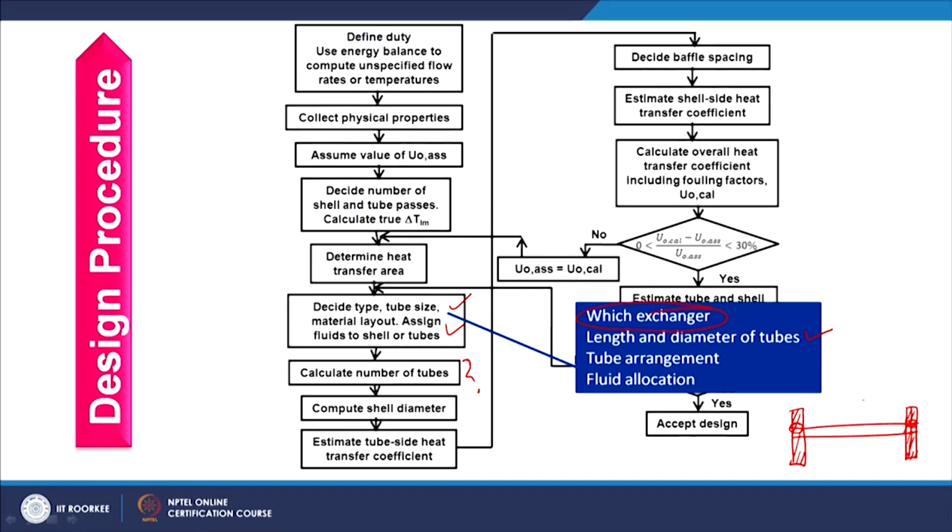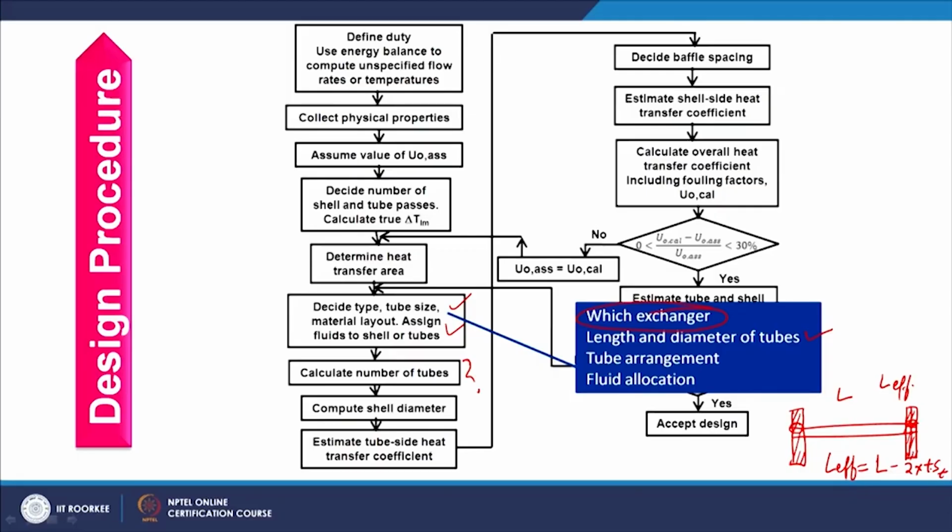So, instead of total L, you should consider L effective. And L effective is the total length of the tube minus twice the tube sheet thickness.